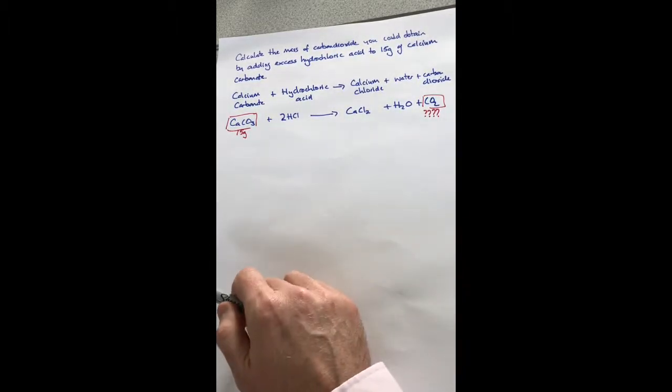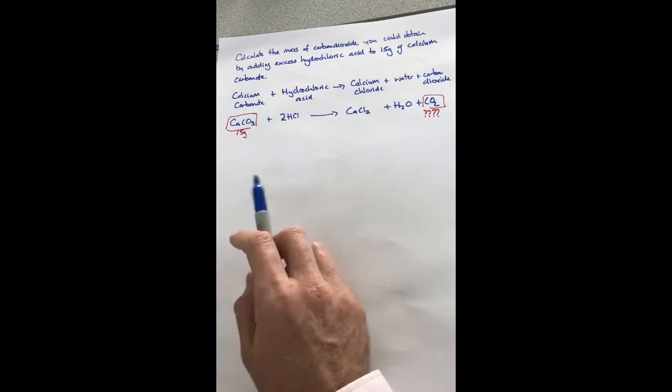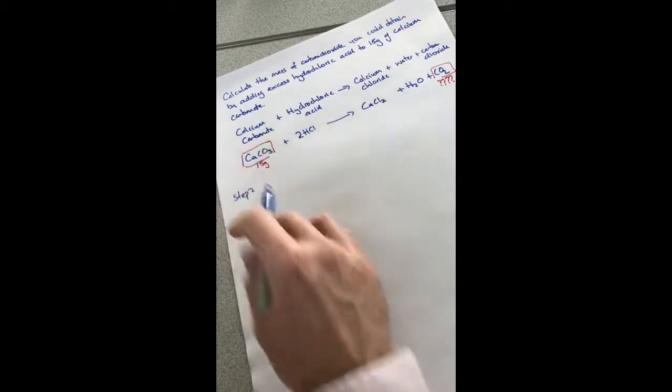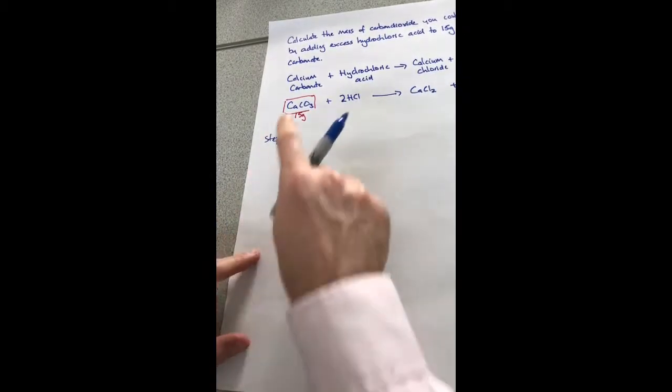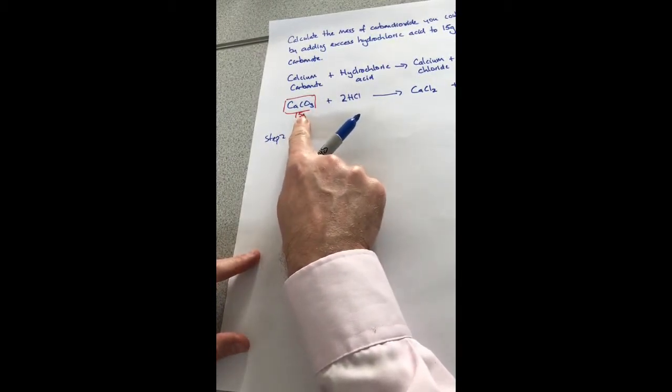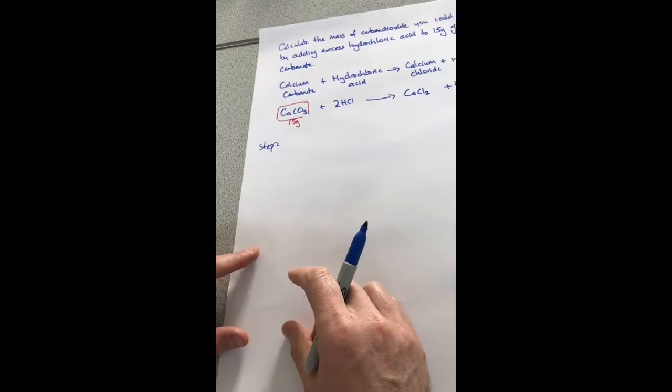Okay, so let's go through the steps. Step 1 is kind of done. We've identified the 2 things that we are interested in. Step 2 on my list now is I'm going to work out for the calcium carbonate, because I know how many grams I've got, I'm going to convert the grams into a number of moles.